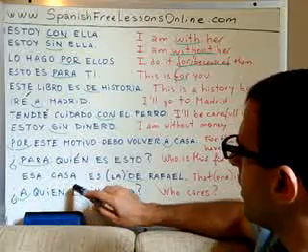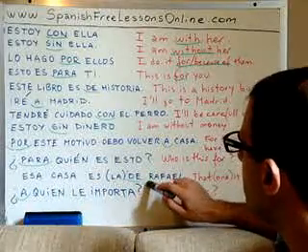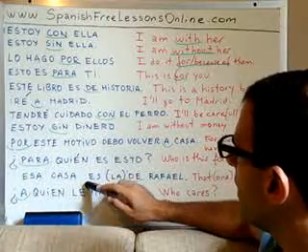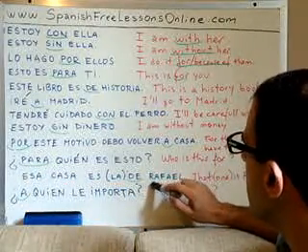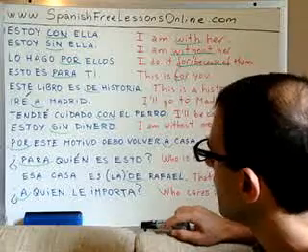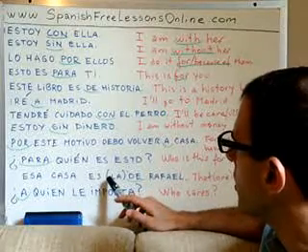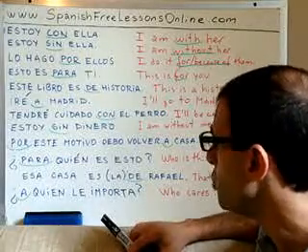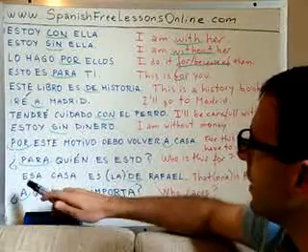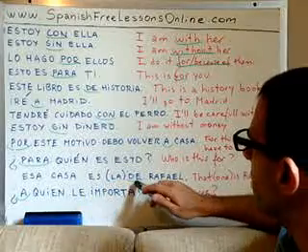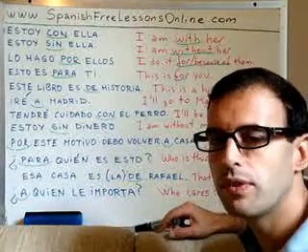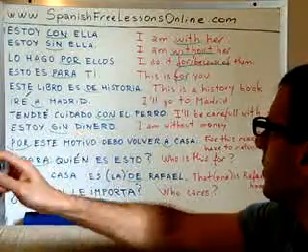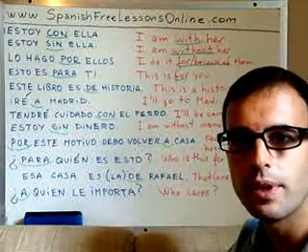Esa casa es la de Rafael. Or you can also say, esa casa es de Rafael. The difference if you use la or you don't use la here would be, if you just say, esa casa es de Rafael, you would be saying, that house is Rafael's, right?